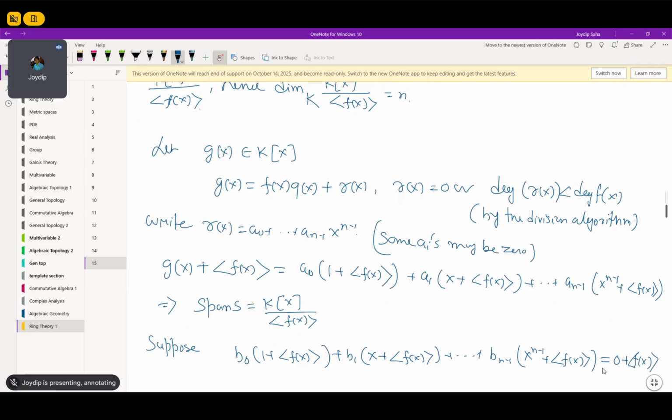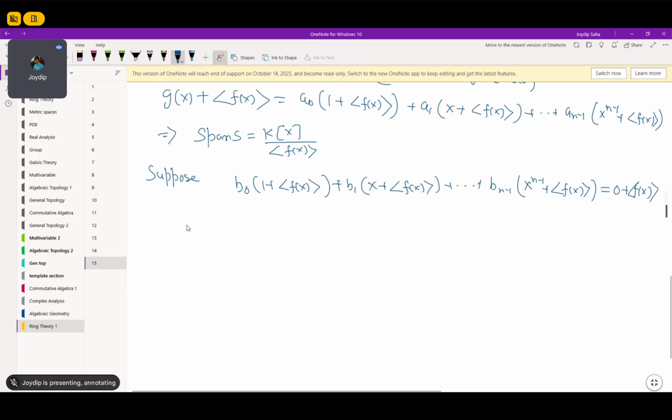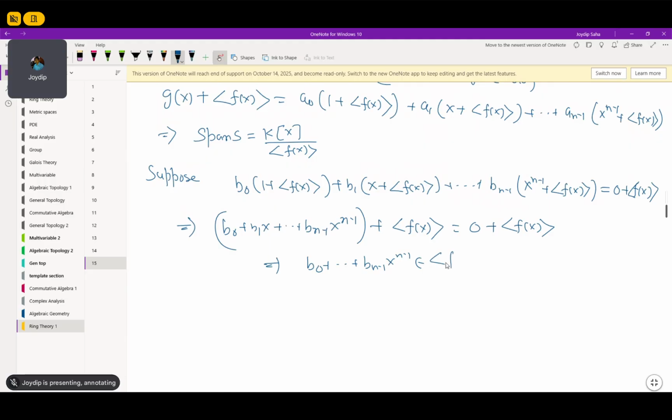I have to show that b0, b1 to b(n minus 1) are all 0. This means by the quotient operation b0 plus b1 x plus up to b(n minus 1) x to the power n minus 1 plus the ideal, this is the sum in the quotient ring, is 0 plus the ideal. So this implies b0 plus up to b(n minus 1) x to the power n minus 1 belongs to the ideal generated by f(x). This implies f(x) divides b0 plus up to b(n minus 1) x to the power n minus 1.